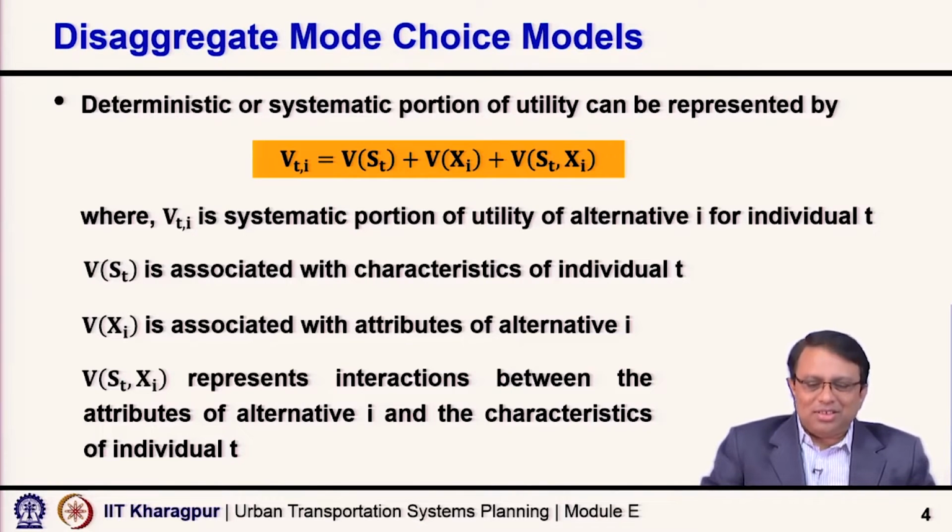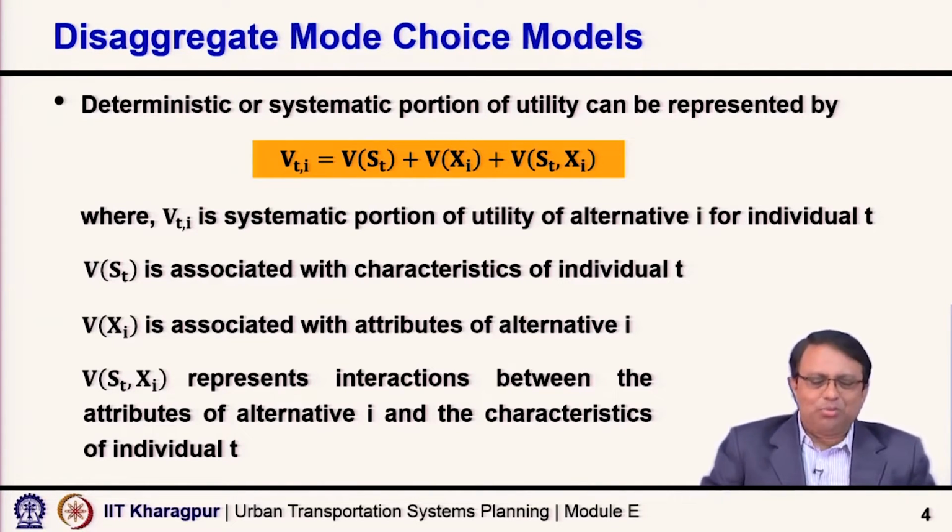First thing is related to the characteristics of the individual, that we say there is something V as a function of S_t. S_t may be considered as socioeconomic characteristics of individual t. V(X_i), this may be considered as multiple attributes X as a function of that of alternative i.